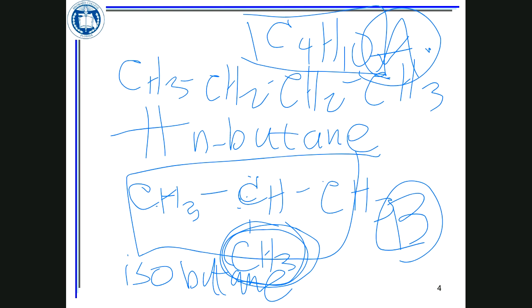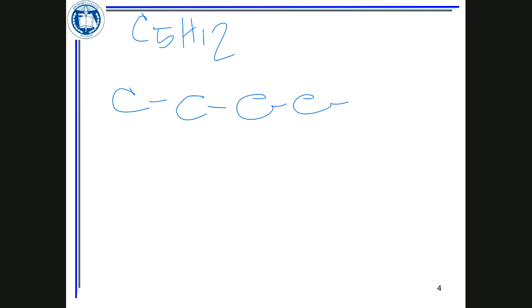Now, if we move from 4 carbons to 5 carbons, then the number of possible isomers increases. So for C5H12, one would be normal pentane. Then we know about the other name.